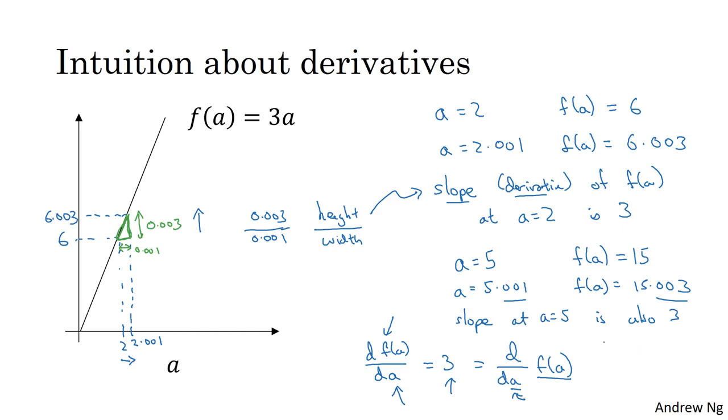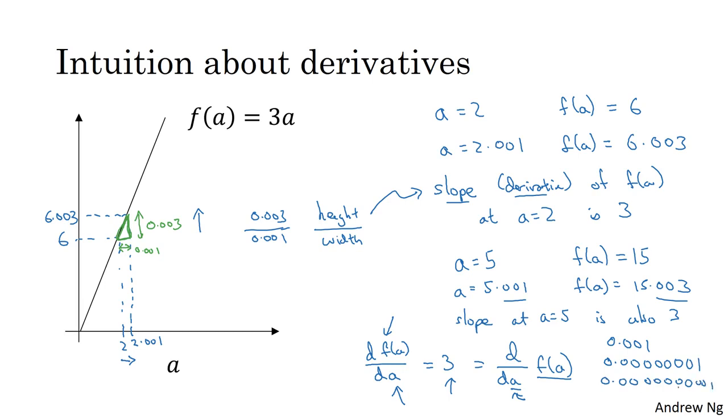Now, for this video, I explained derivatives by talking about what happens if we nudge the variable a by 0.001. If you want the formal mathematical definition, derivatives are defined with an even smaller value of how much you nudge a to the right. So it's not 0.001, it's not 0.00001, it's not 0.000001, and so on. It's even smaller than that.